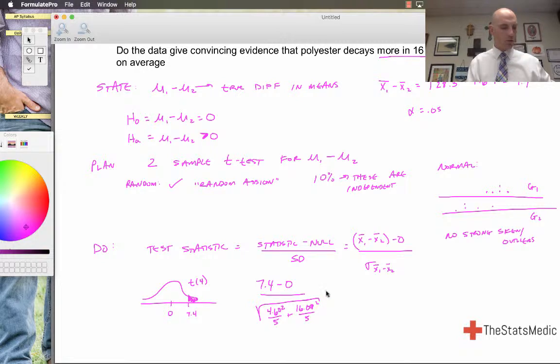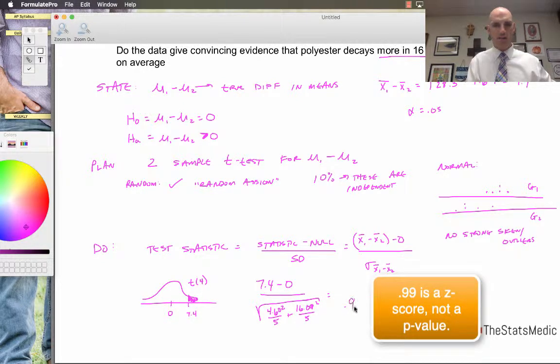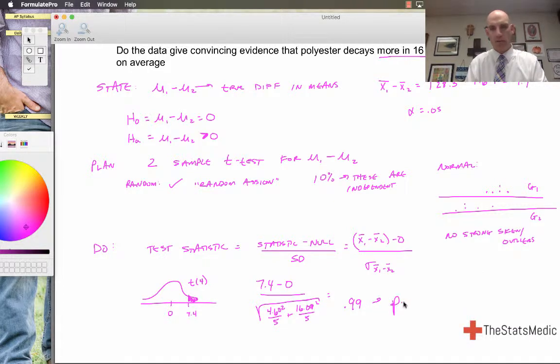And so what we have here is a p-value of 0.189. That's what we're going to evaluate our statement on, compared to the alpha level.